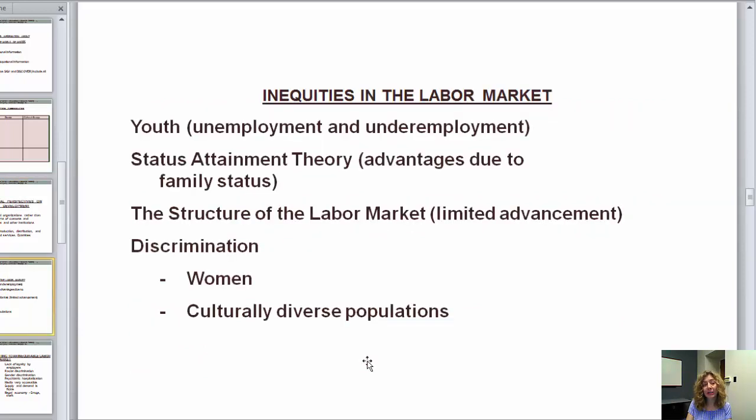Inequities in the labor market, you hear a lot about youth unemployment, and I encourage you to think about that in terms of our local economies, our state economies, and also to look internationally, right? On the news, we're hearing about unemployment in Spain and youth unemployment rates in Greece and other countries. So keep those things in mind and use a large lens when you're looking at this information.